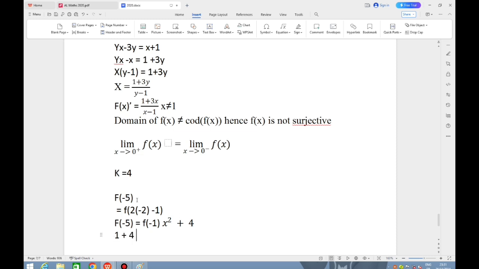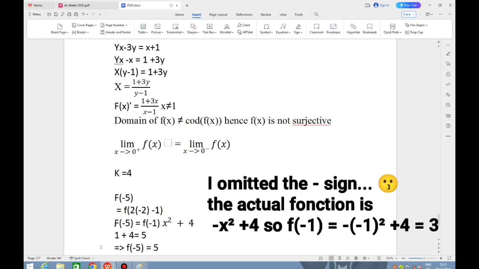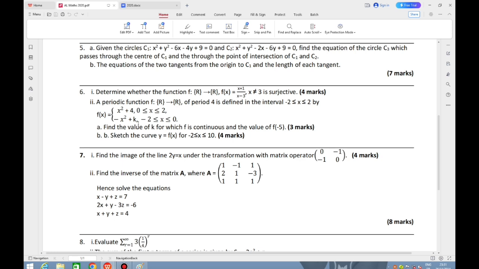So f of negative 5 is equal to 1 plus 4, which is 5, implying that f of negative 5 is equal to 5. And that's the answer for 6a, part 2.